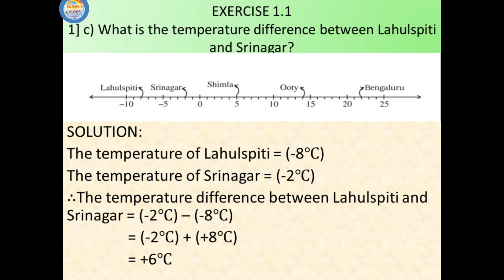So, the next step is minus 2 degrees Celsius plus of plus 8 degrees Celsius. Under the rule of addition, when there are two different signs, we should find the difference between them and write the greater number sign. That is 8 minus 2 is 6 degrees Celsius. Here 8 degrees Celsius is having plus sign, which is the bigger integer. So, the answer will get the plus sign.